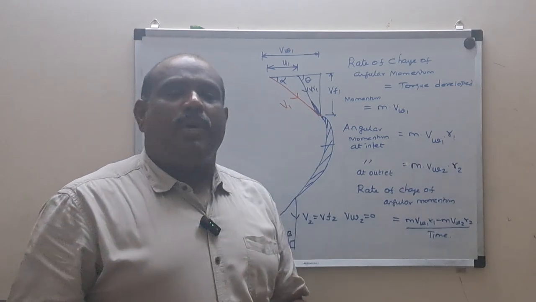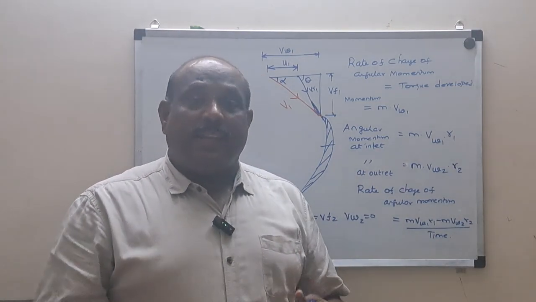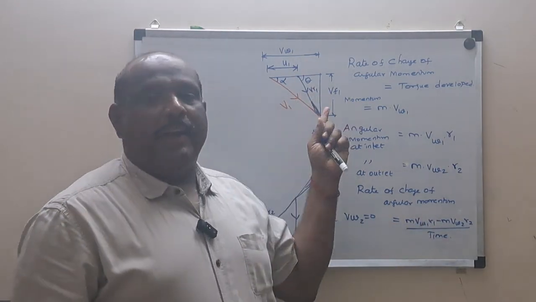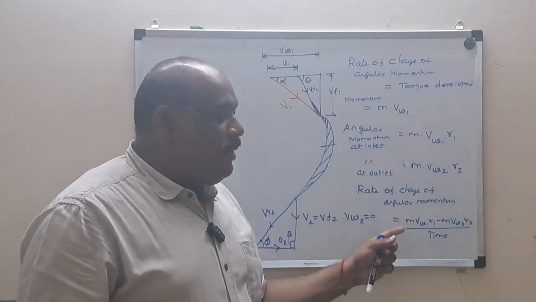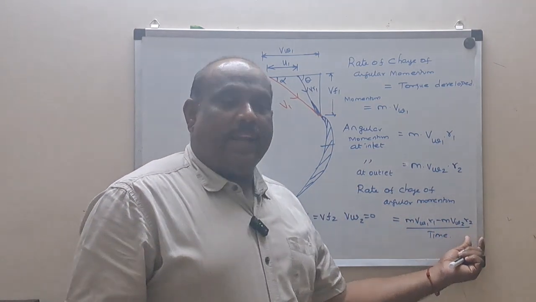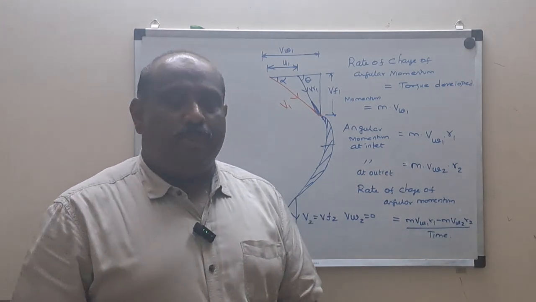Why have I not used m Vw2 R2 minus m Vw1 R1? I can take it like that also, but the input angular momentum will be more, so I have written the magnitude. Inlet angular momentum minus outlet angular momentum divided by time will give me the rate of change of angular momentum.